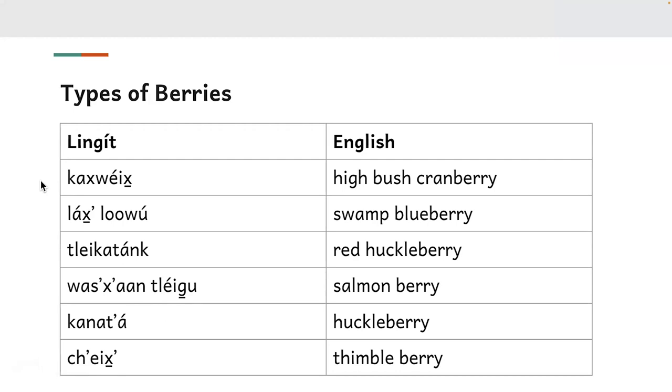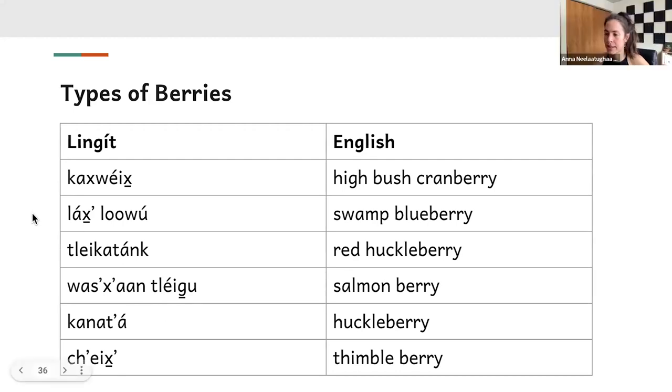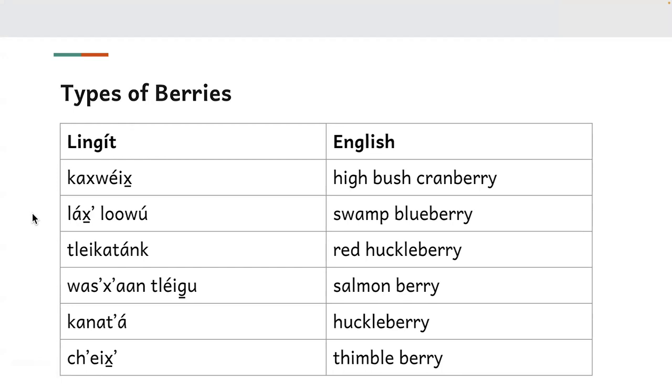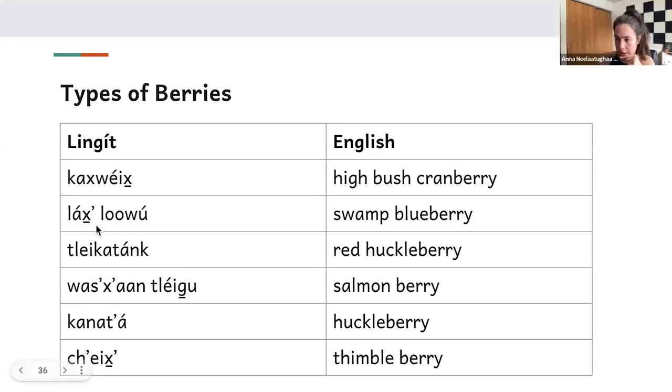Swamp blueberries, Tlachlu. I need to check on this. This word I thought was heron, and this is nose. But let's check on that later. Red huckleberry, tle katunk. Katunk.